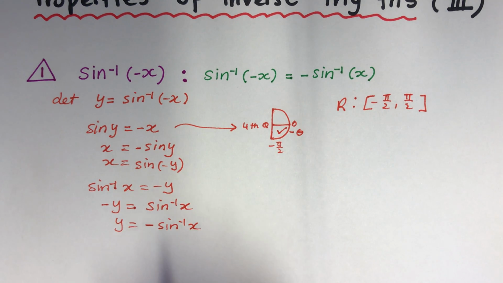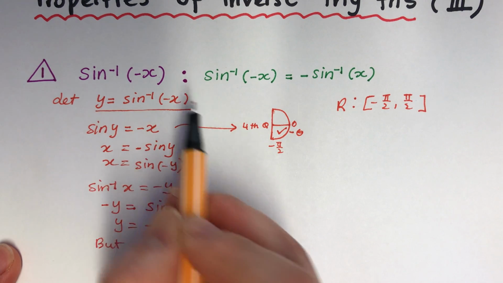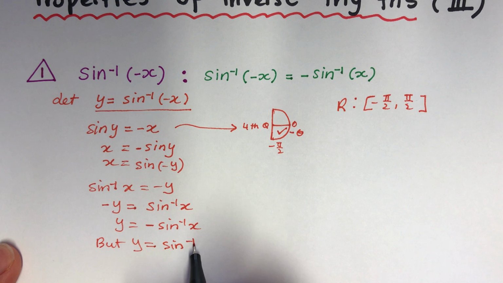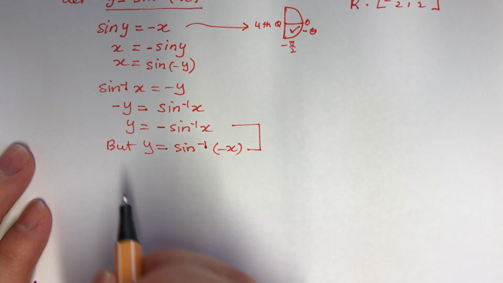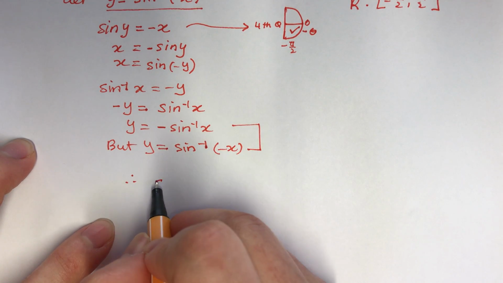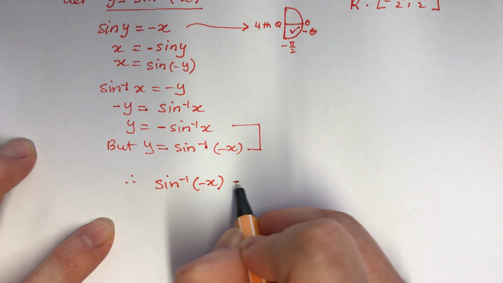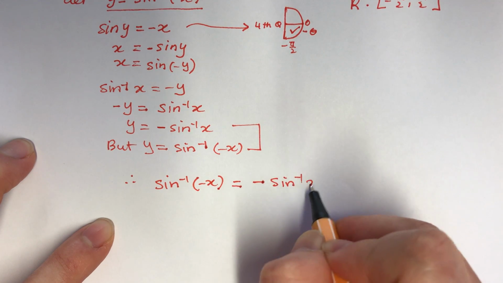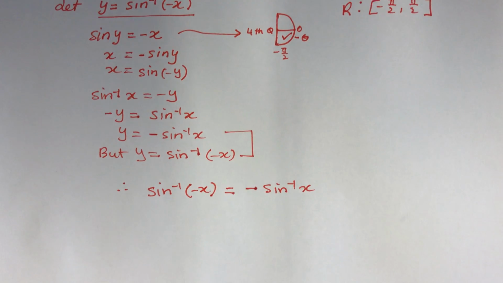Okay, now, but we said at the beginning y equals inverse sine minus x also. So therefore these two are equal. So now I can say inverse sine minus x is the same as saying minus inverse sine x, and we just proved that. Okay, well done.